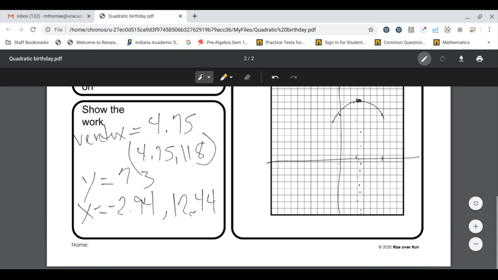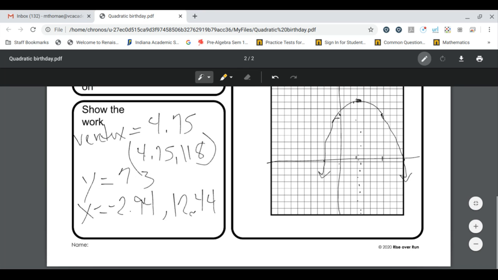You can round however you want. You could round to -3. I'm looking about here, and then 12, if this is 9, is about here. So therefore, boom, and boom. There you go.